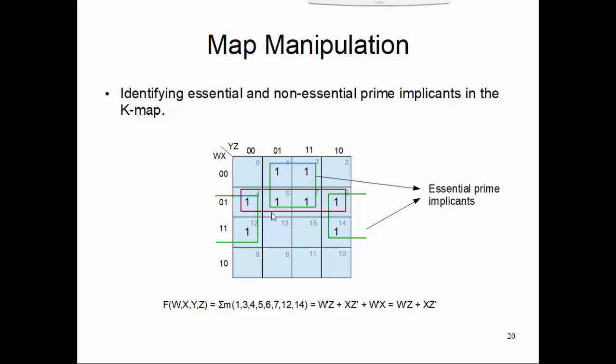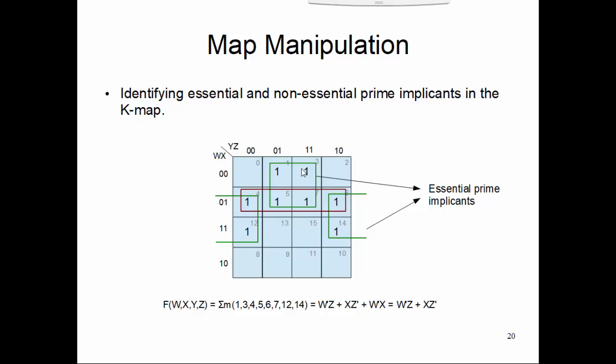That's okay. So that's why your group of 1, 3, 5, 7 is an essential prime implicant, and 4, 6, 12, 14 is an essential prime implicant. By the way, why is it a prime implicant in the first place? Because we cannot make any further bigger group from this group of 1, 3, 5, 7, for example.